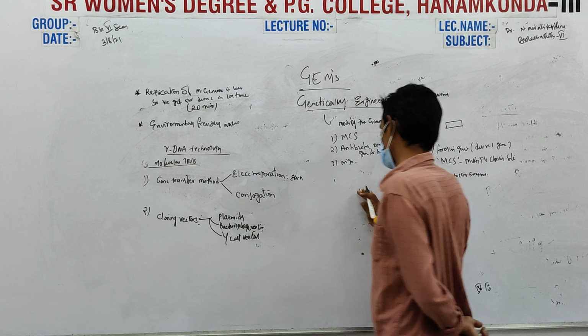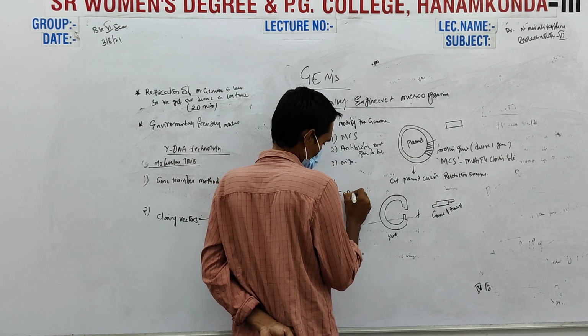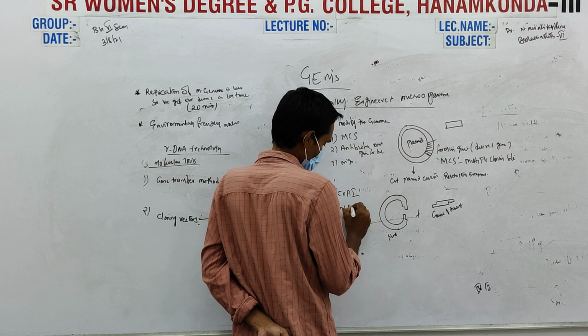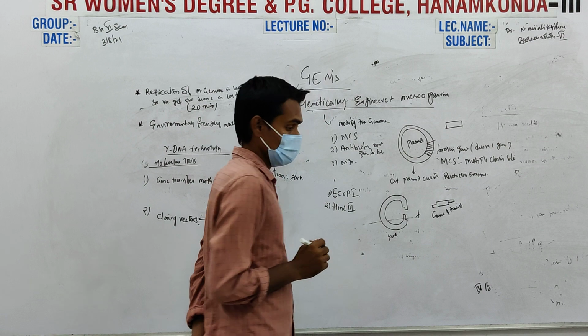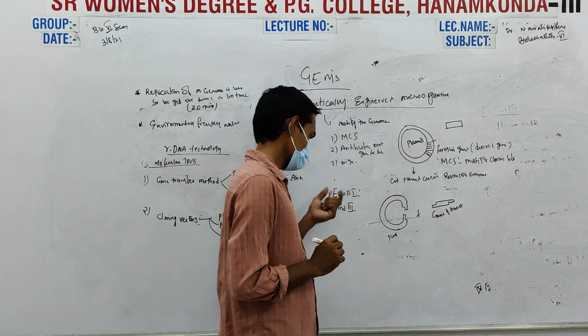For example, if we take two enzymes, EcoRI and HindIII, we have to use the same enzymes to cut the plasmid and the gene of interest.